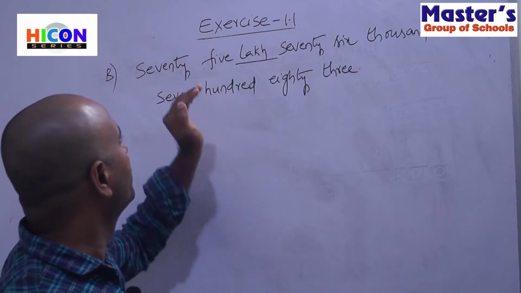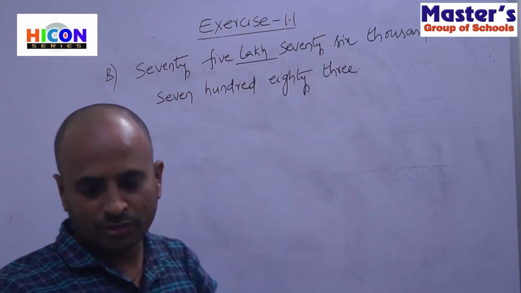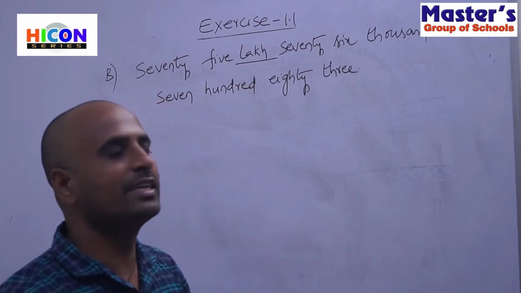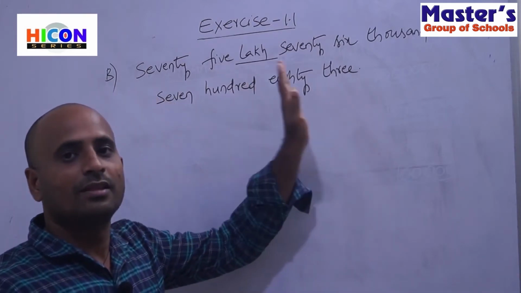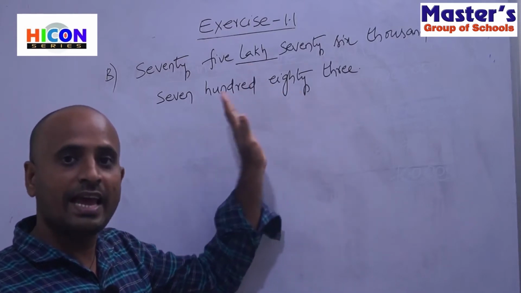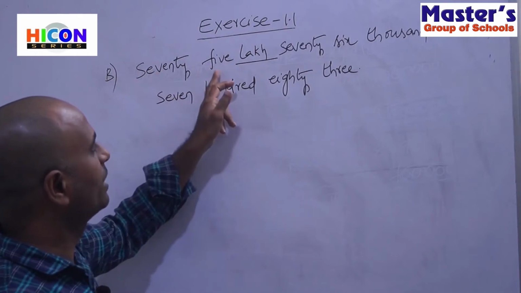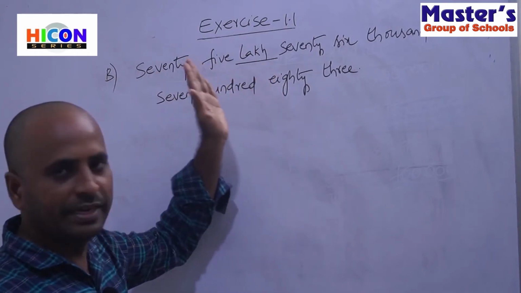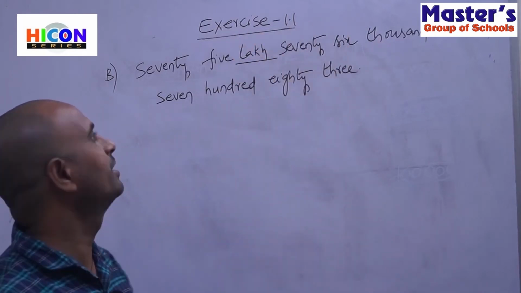Next, divide the given number name into periods. Indian system of numeration contains ones period, thousands period, lakhs period. In the same way, we divide the given number name into lakhs period, thousands period and ones period.